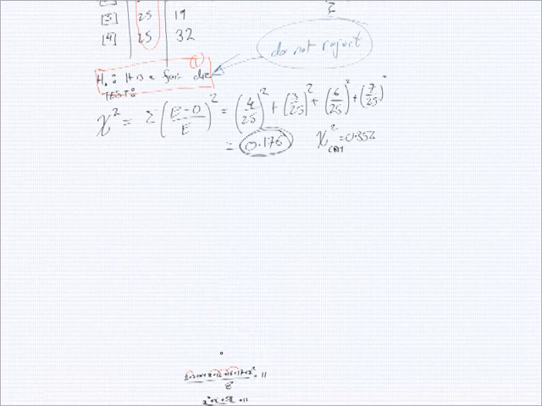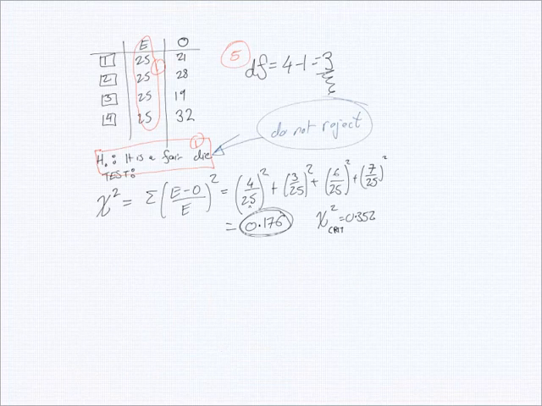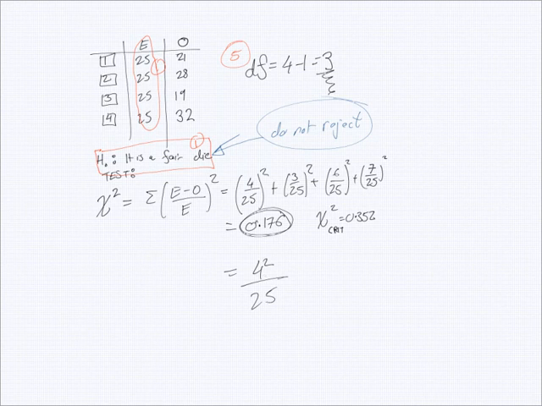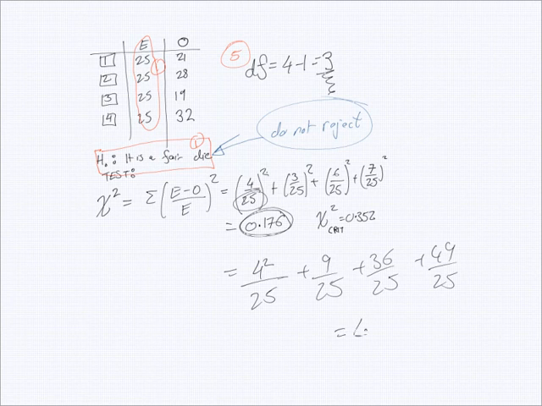Oh, here it is. Yes, I made a terrible mistake here. This should have been 4 squared over 25. The square is only on the top. Maybe we'll just recalculate it. What do we get now? What is it? 4.4, is it? Ah, so reject.